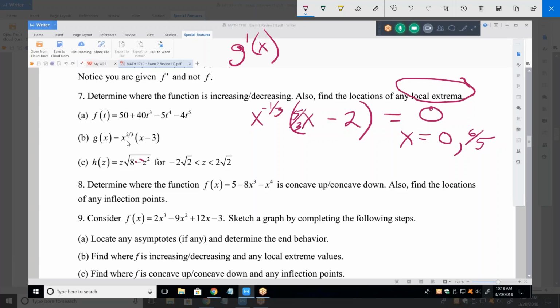If I have to take the derivative of this, I've got to use the product rule again. So the first derivative was 2/3 x minus 2x to the negative 1/3. Was that not the first derivative? When I distribute that out, I get x to the 2/3, which becomes 2/3 x. Oh, I got minus 3x to the 2/3, which becomes minus 2x to the minus 1/3.